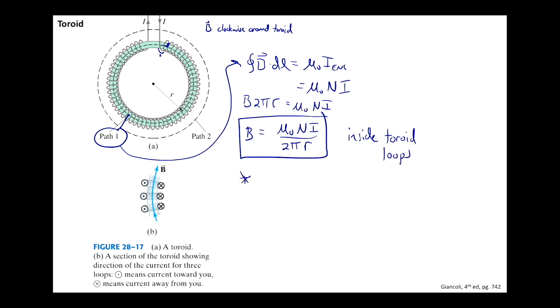Two quick notes. What about path 2? How much current is enclosed by path 2? Yeah, we're going to have to be a little careful about that part. So kind of allowing this part to be negligible.